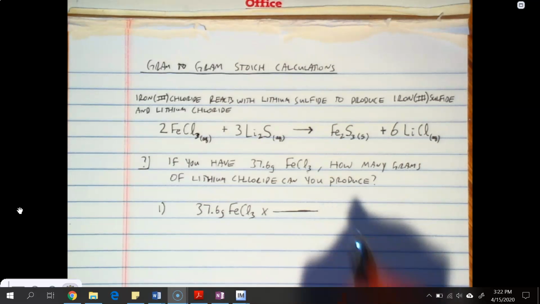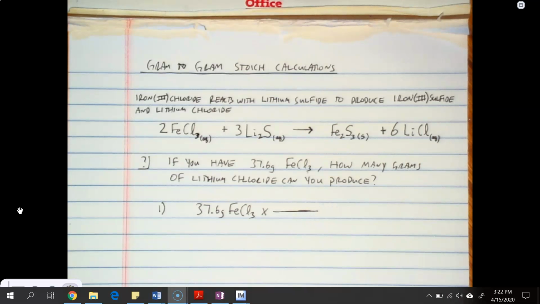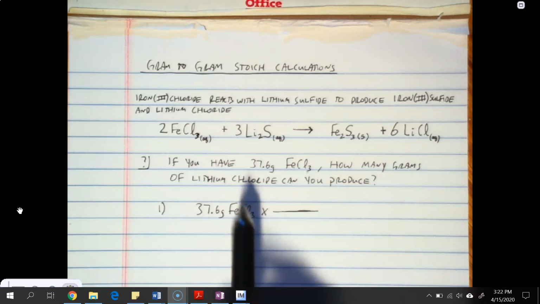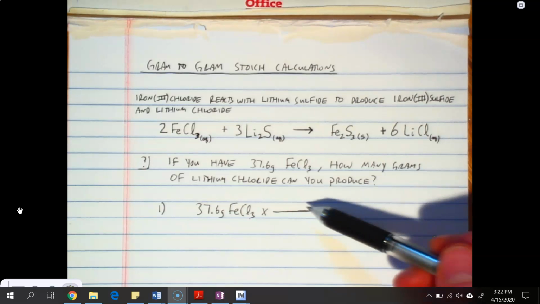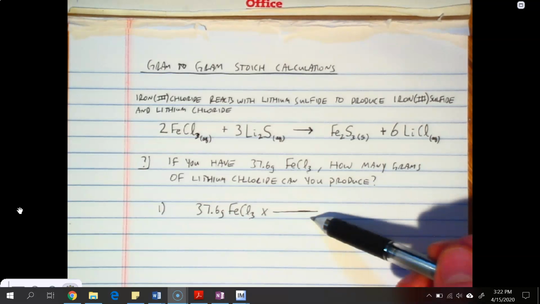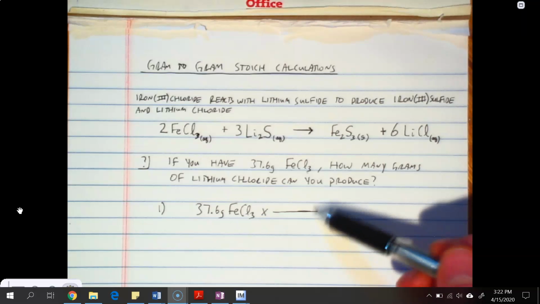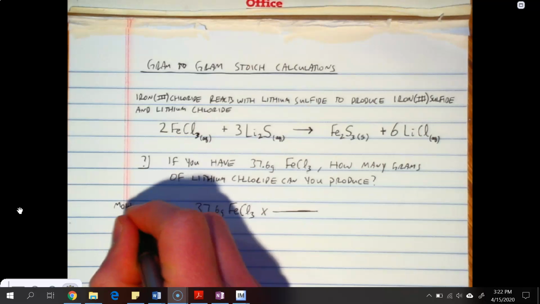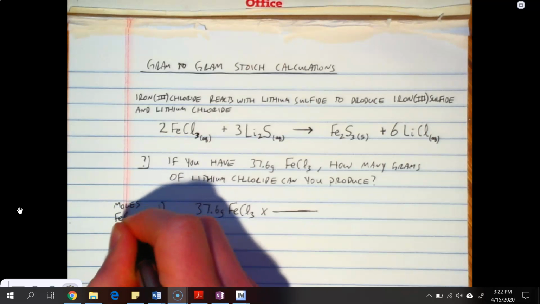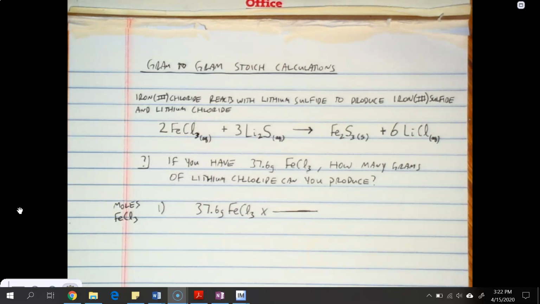Now it turns out I can get that molar mass or gram to mole ratio from my periodic table. So why don't you pause the video, and I'm going to have you figure out what is the molar mass of FeCl3, and then I want you to figure out, should grams go on the top or bottom here, and should moles go on the top or bottom here if I'm trying to get to moles of FeCl3. So pause the video and let's figure out what ratio we should be using here.